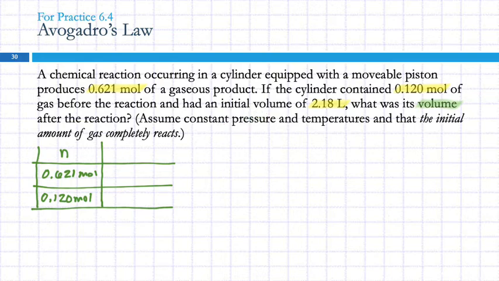So I might want to call my second row, row 1, because that is the before situation. So I'm going to label this 1 and this 2. And if that bothers you and you want to write your table the other way around, feel free. But the volume of 2.18 liters belongs with the 0.12 moles. Everybody okay with that?